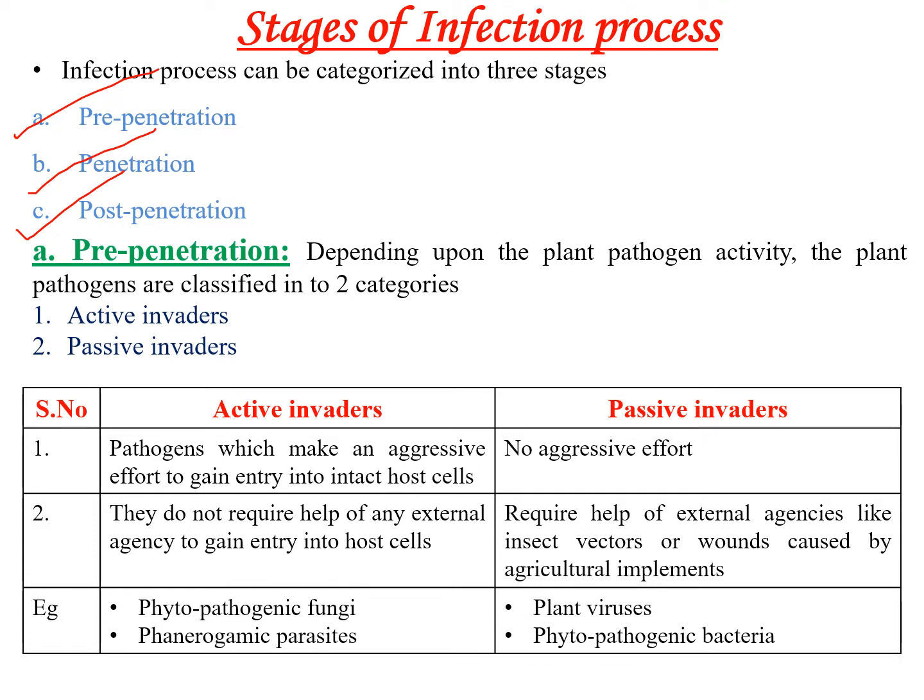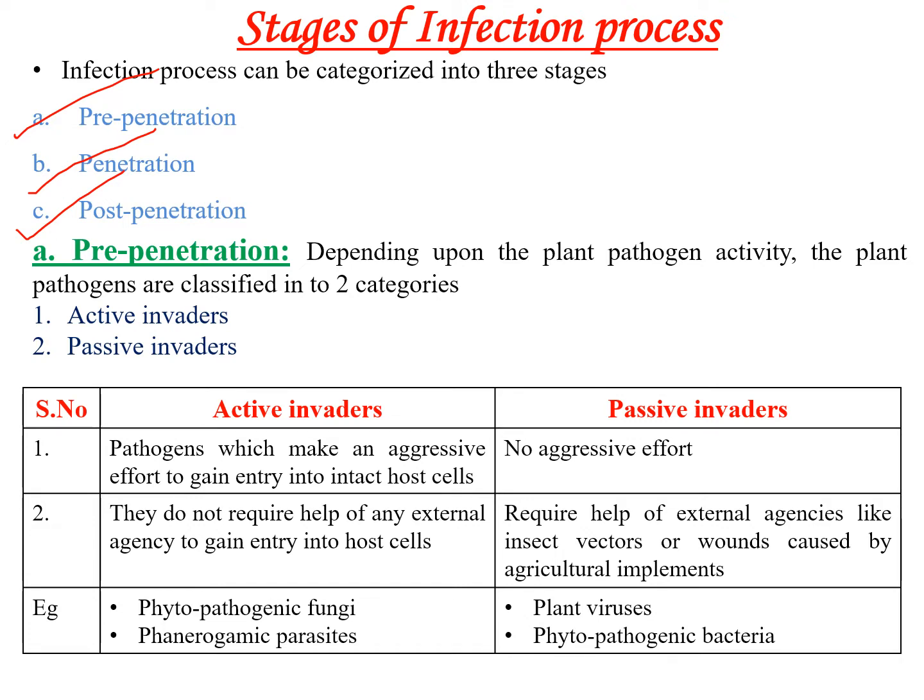Active invaders make an aggressive effort to gain entry into the host cells. That means they will execute some force on the host plant to make their entry. Whereas passive invaders do not make any aggressive effort. Active invaders do not require the help of any external agencies to gain entry into the host cells.